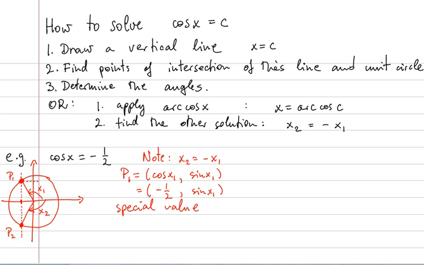By comparing to a reference angle in the first quadrant, we find that this is just a reflection of the 60-degree angle. So we will have that P1 is actually the point corresponding to the 120-degree angle, which is in radians 2 pi over 3.